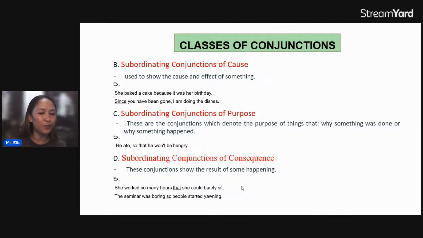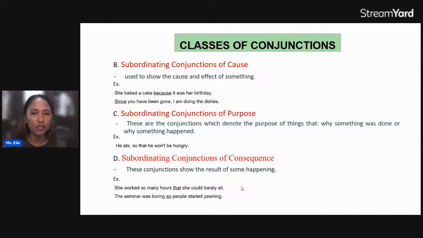You work for so many hours, and the consequence is you could barely sit. Here you're using the conjunctions "that" and "so." The second sentence: "The seminar was boring, so people started yawning." The consequence of the seminar being boring is that people started yawning. So I hope it's clear again.